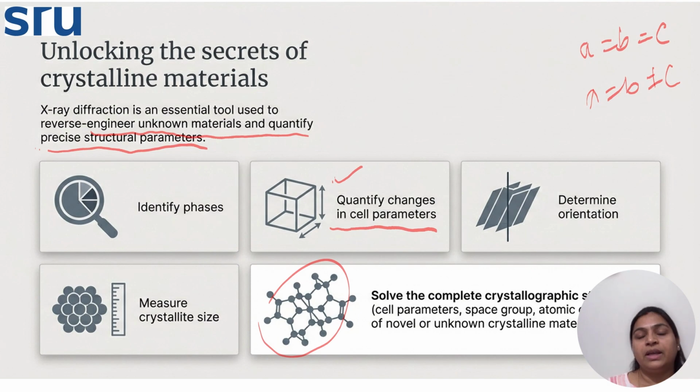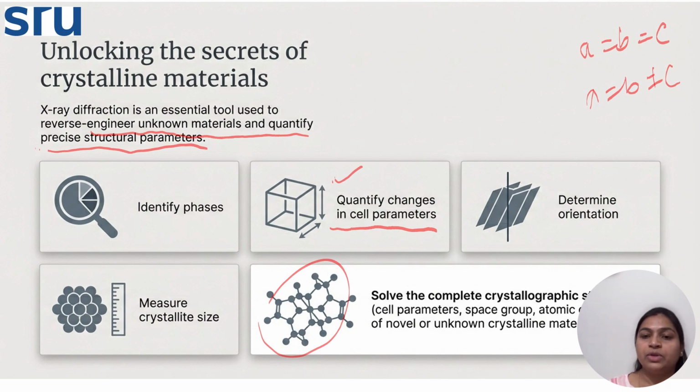So the X-rays get diffracted when they are allowed to be incident on crystals. X-ray diffraction is an important tool used to identify the phase, and to quantify the changes in cell parameters, orientation of the structure, crystalline size, and other structural parameters.